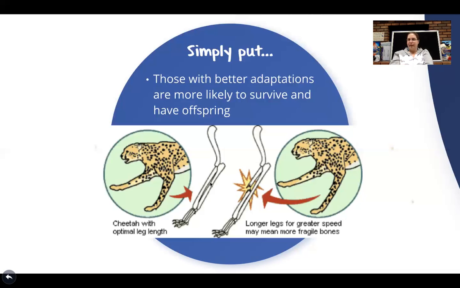So each year, maybe they have 2-3 cubs. Well, that's each year. So over time, since they're living longer, they're going to have a lot more offspring than the ones on the right. As a result, their cubs, the ones with the slightly shorter leg, are more numerous, and they're going to live longer than the cubs that are born to ones with longer legs, which means they're going to have their own cubs.